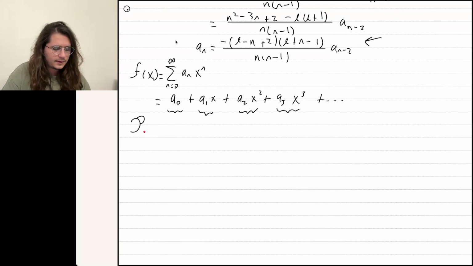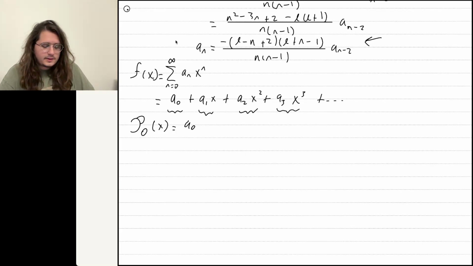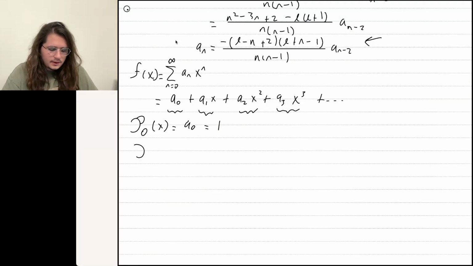So for P0, which is the L equals 0 Legendre polynomial, it's just the first constant. It truncates there. And usually Legendre polynomials are normalized such that it's equal to 1 when x is 1. So that first constant is usually just given 1, right? The first Legendre polynomial, P1, truncates at a1x.